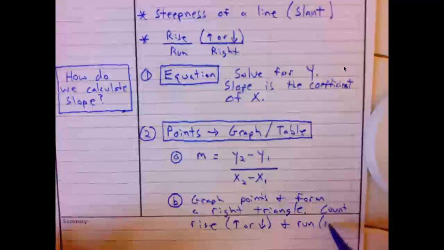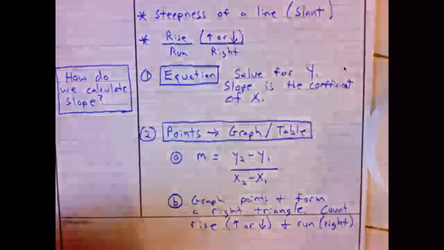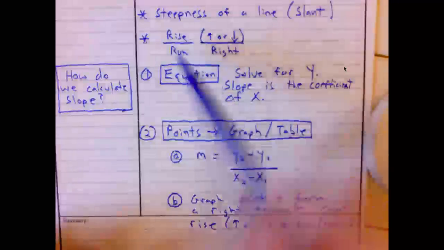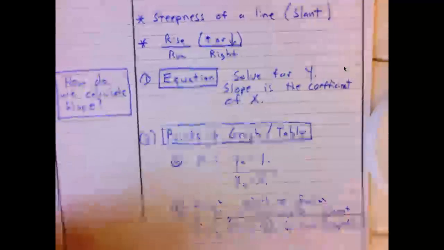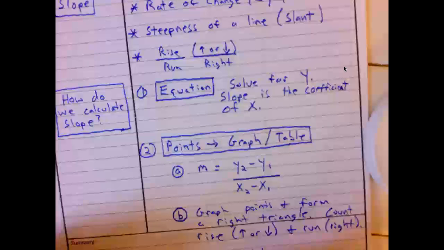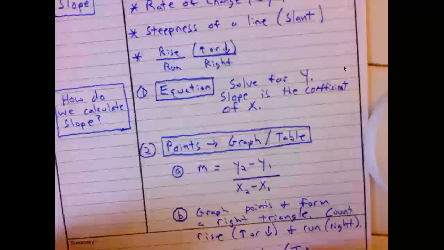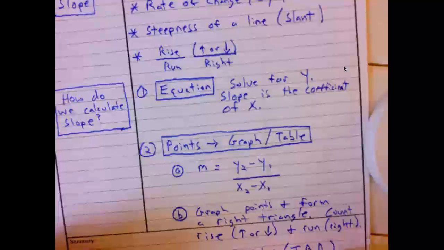Run, we will count to the right. We can then form the ratio, rise divided by run, the proportion. A little later on we will learn one more method, and that's using the calculator. To be determined later on.